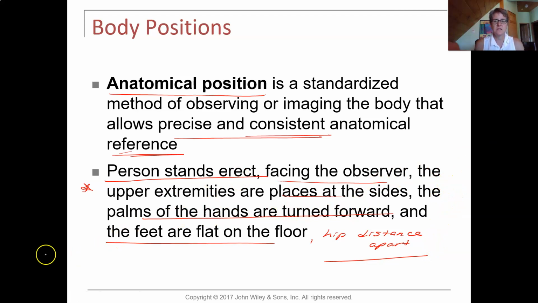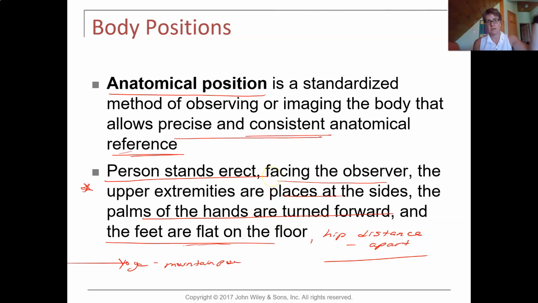If you are somebody who does yoga, this is kind of like the mountain pose. Some of them have your feet slightly apart, other ones have your feet together, but they're flat on the floor, palms facing forward, and you're standing upright with your shoulders back.